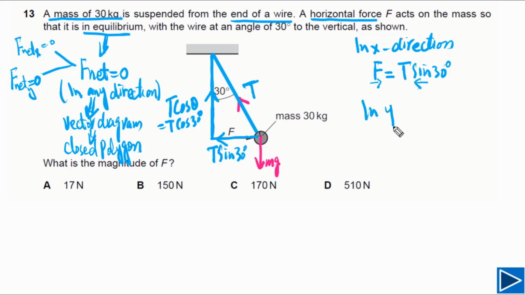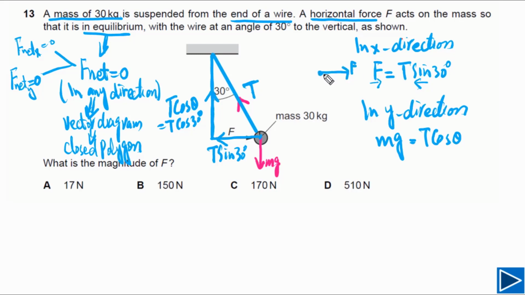Now if you look at forces acting along the y direction, we have the gravity acting vertically down, but we have a component of tension acting vertically up. So mg, acting vertically down, has to be equal to the component of tension acting vertically up. We can also draw it like this.